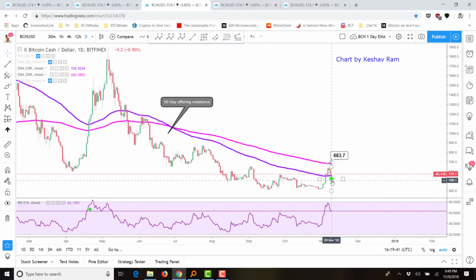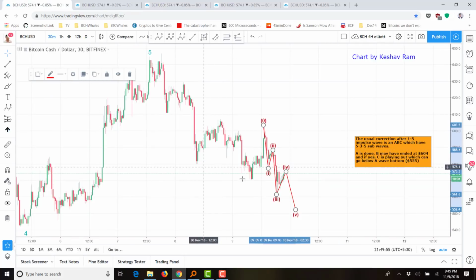That's why I put a green arrow here. I tweeted this multiple times since yesterday. So this range is also 555. The present correction is also stopping here, and we expect this to also offer a support. So all these three things taken together, I believe this would be a place where the ABC correction would end, and which will signal another run up.